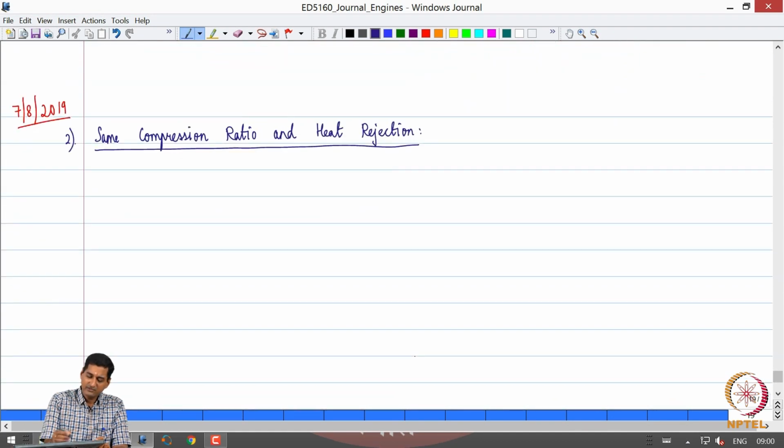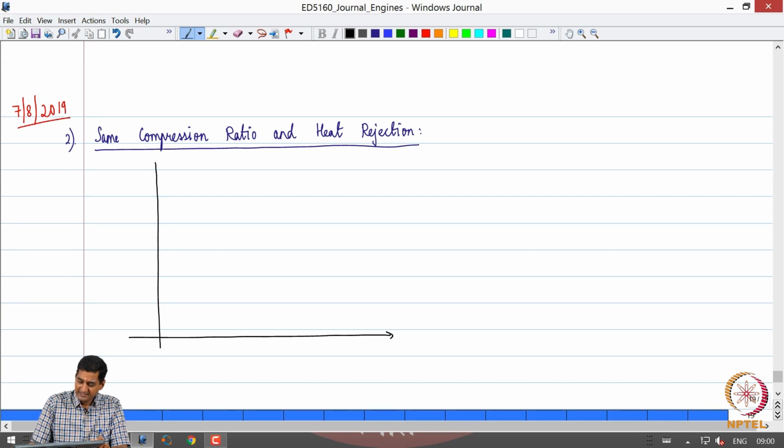So, let me once again quickly draw the TS diagram for the Otto cycle, and then we will look at what happens in terms of the diesel cycle. Let me call this 1O, this is 2O, and we have constant volume heat addition.